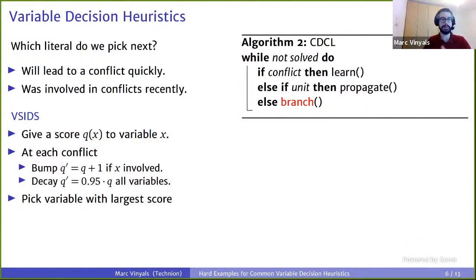So this is just implementing an exponentially moving average function. When we want to pick a variable, we just pick the variable that has the largest score. About the sign, it's usually combined with the phase-saving heuristic, where we assign the variable to the same polarity that was last assigned, the last time that we saw this variable in the trail.